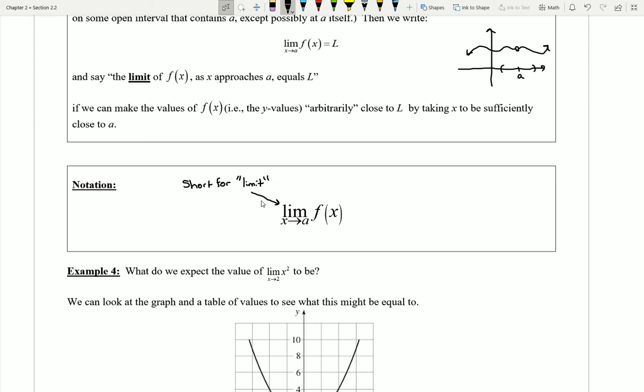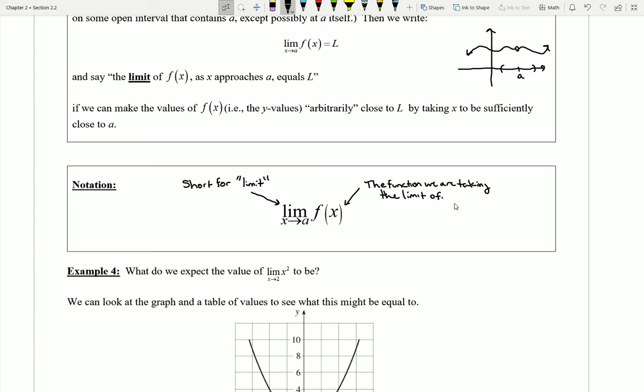And a limit is something that I always do to a function. So I have to be able to state, after I write the word limit, what function I'm taking the limit of. So I'll write over here that this is the function that we are taking the limit of.